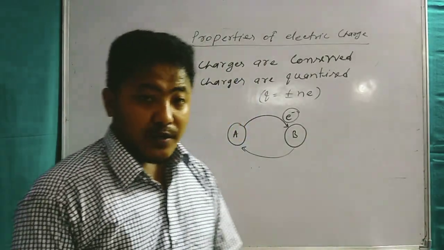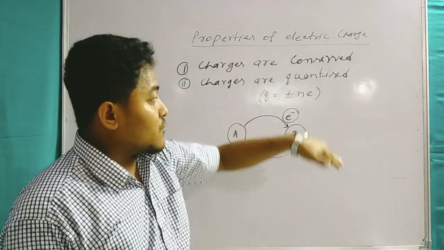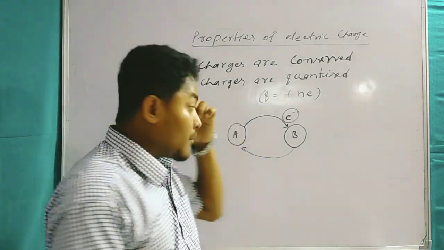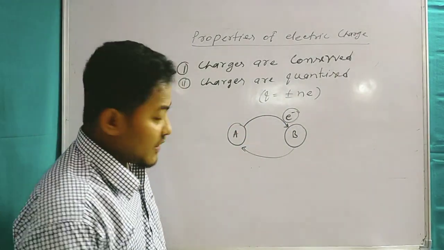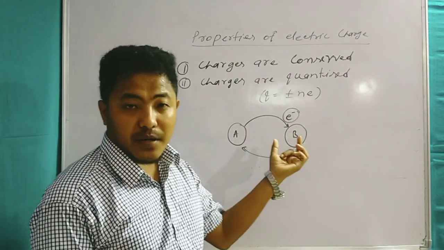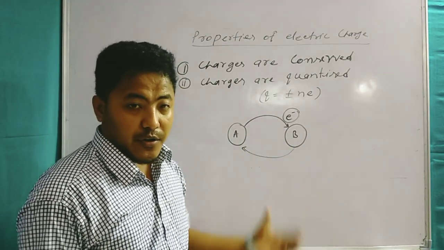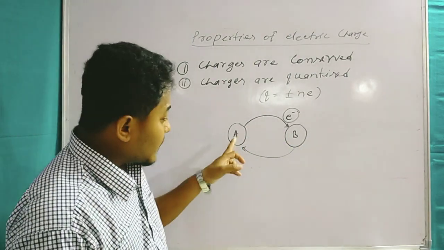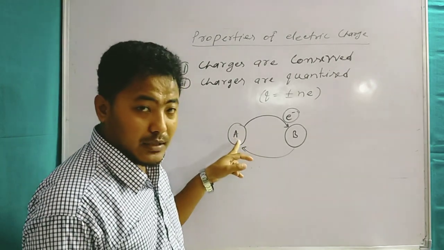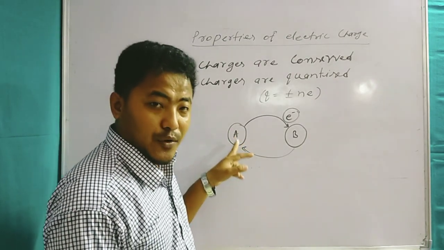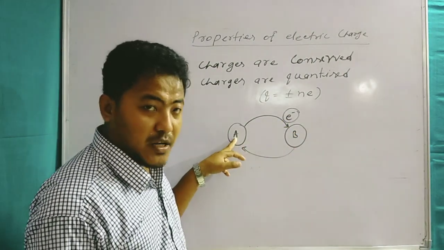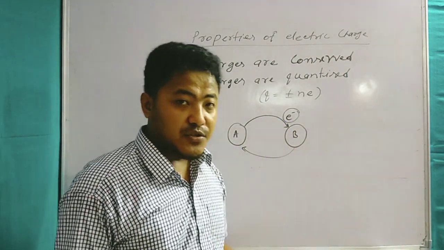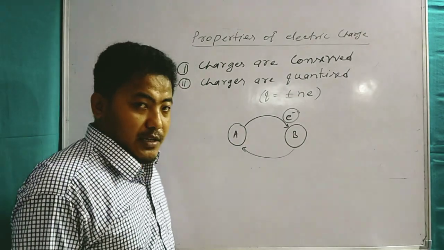Now understand what is the relation with the quantization of electric charge. If I want to state the meaning of this particular diagram, you can write that if a body loses an electron, then this body becomes positively charged. Are you getting my point?